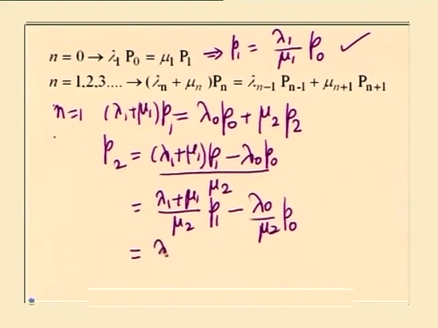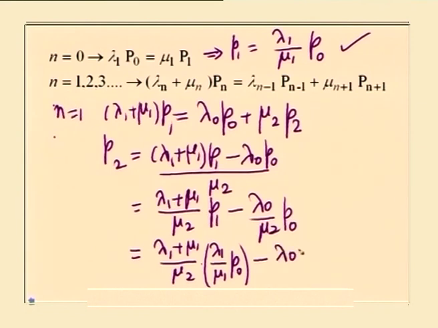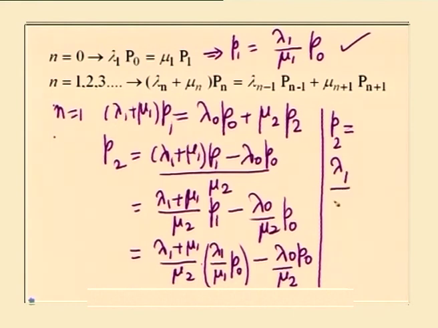So, we further have (lambda 1 plus mu 1) by mu 2 into lambda naught by mu 1 into p naught, minus lambda naught p naught by mu 2.